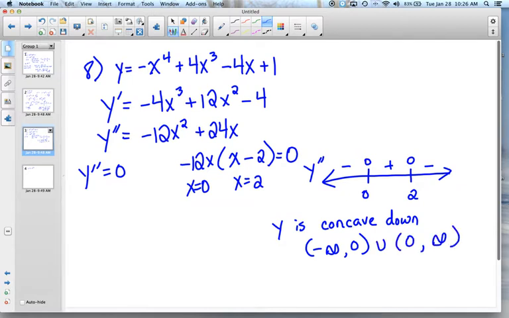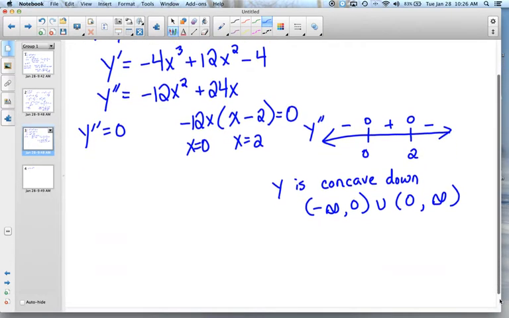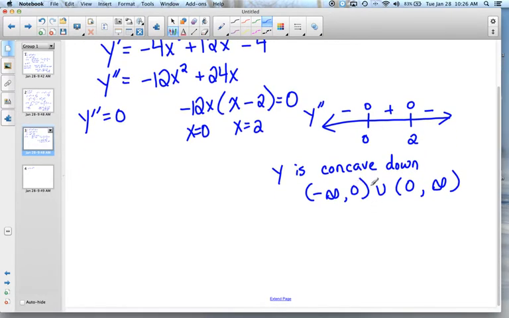And the increasing decreasing part when we talked about that, we included the 0. Technically here, we don't. And to tell you the honest truth, I can't really give you the reason exactly why, but I'm just going to say don't. So then, and the reason is since y double prime is negative. This justifies your answer using the concavity test.